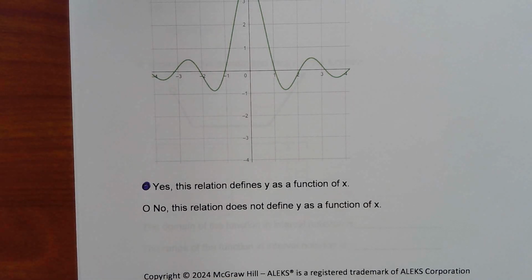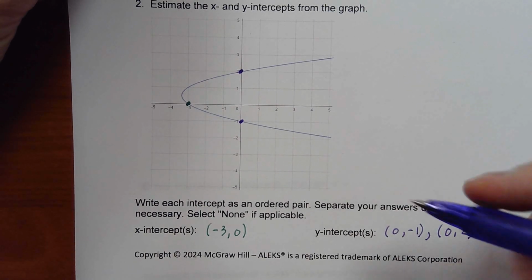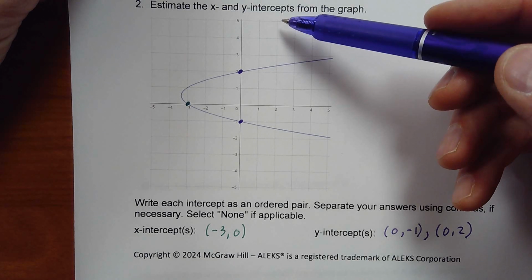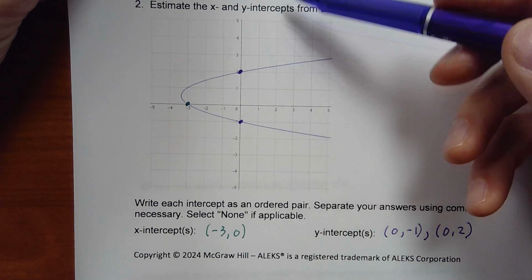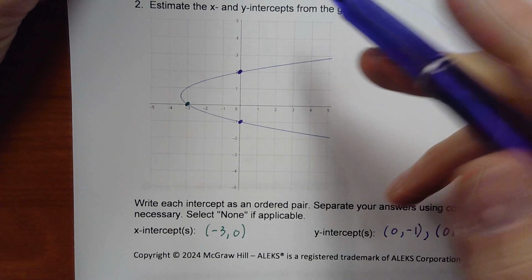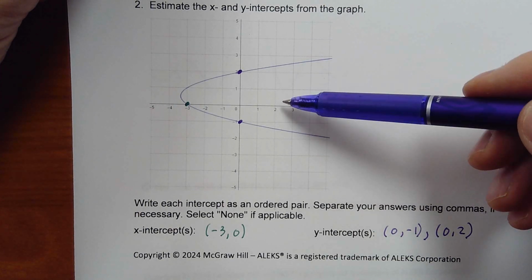If we were to look back at problem number 2, this graph would not define y as a function of x, because if I draw a vertical line right here, I pass through more than one point. So problem number 2 would be an example where this would not be a function.